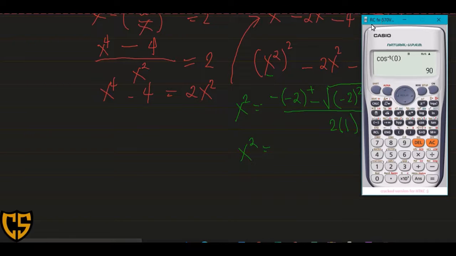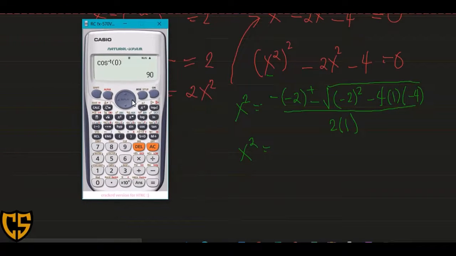Okay, we are going to solve for the value of a. We have negative times negative 2, plus square root of negative 2.